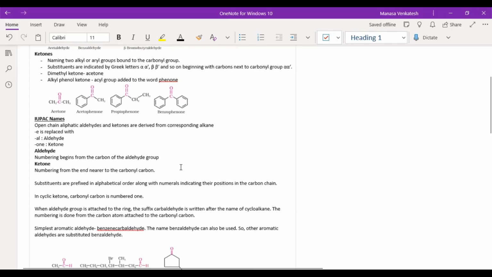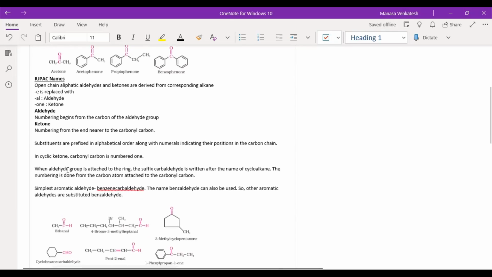In the case of aldehydes, the suffix is -al. In ketones, it's -one, and numbering will begin from the carbon of the aldehyde group. Whereas in a ketone, it's with respect to the lower number.